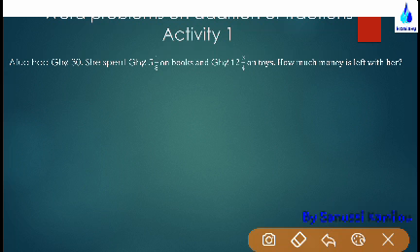She spent 5 1/8 on books and 12 3/4 on toys. How much money is left with her? Because of the statement left with her, it means we must subtract what she spent from what she was having so that we can get the remaining or the leftover. Meaning here we need to do subtraction. Is it not so? So let's see how we can answer this question.